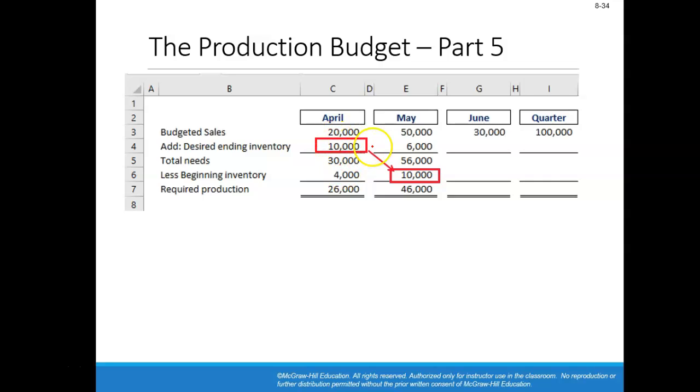However, we already have 10,000 units remaining from April, because your ending inventory from April becomes beginning inventory for the month of May. Therefore, we need to produce 46,000 units in the month of May.